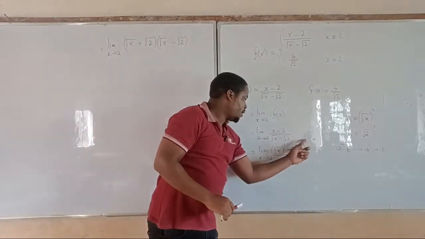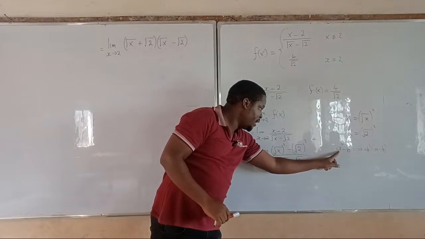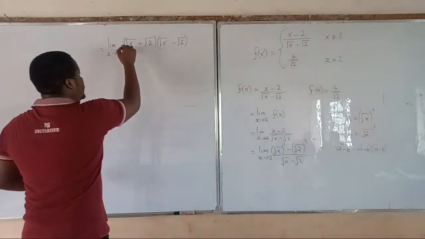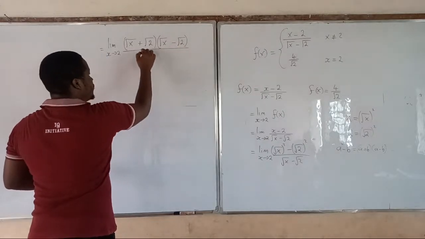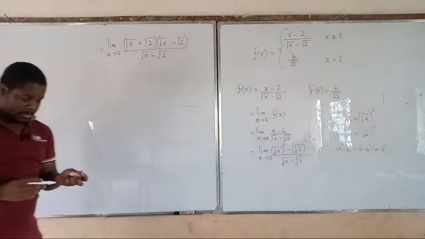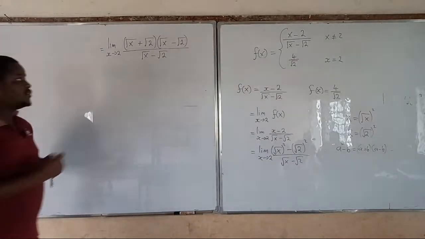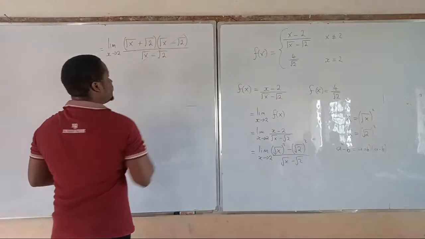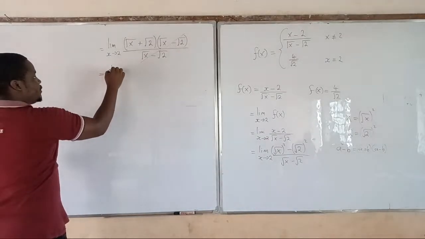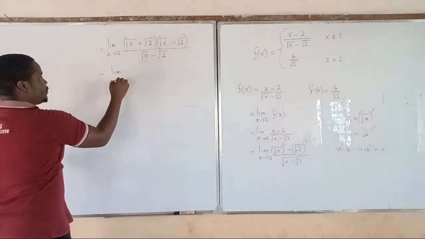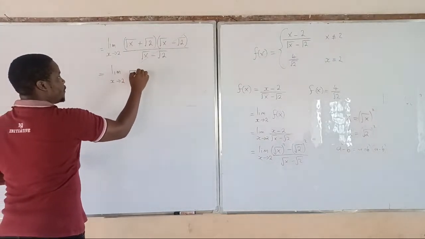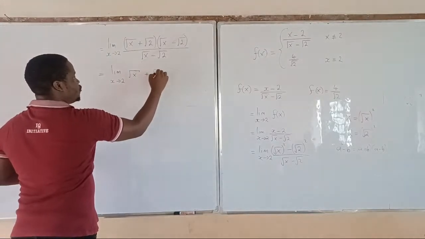This is divided by root x minus root 2. The minus can cancel. This whole thing can cancel that. Simple as that. What do we remain with? The limit as x approaches 2, root x plus root 2.